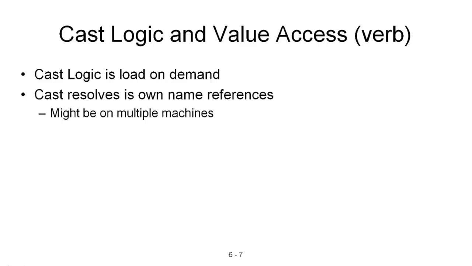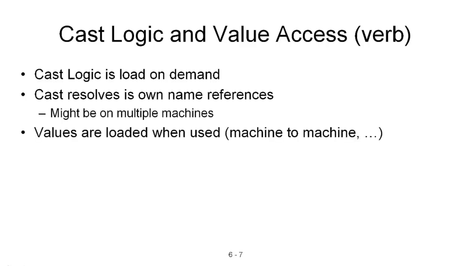It might be on a different machine, and so that A.X, X.A is on a different machine. We don't know what the structure is, so we have to ask that other machine. And so that's why each cast must resolve its own name reference. And a lot of it can be derived or just looked up, does that file exist, and load that. And values are loaded when used. So machine to machine, if I say employee Cliff, it's not loaded when I reference that.